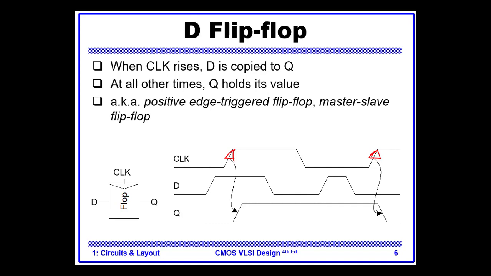On the positive edge, it samples the input, which is D, and it puts that sample at the output. So it goes to the input, it samples it, and it puts it at the output.